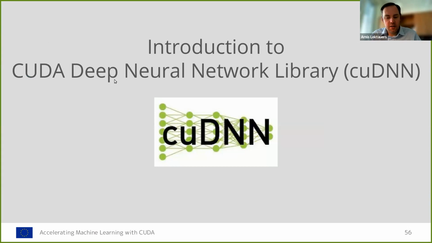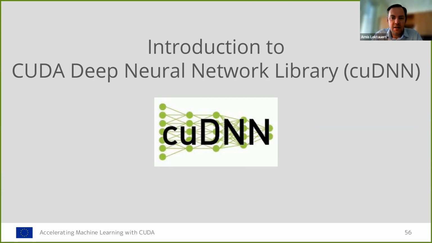Now I will take a look into one important library, and together with cuBLAS, cuDNN is a foundational block of practically every today's framework used for deep learning or machine learning tasks, especially deep learning. So cuDNN is intended for deep neural network support.